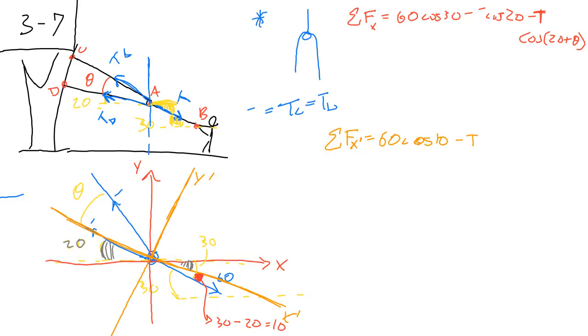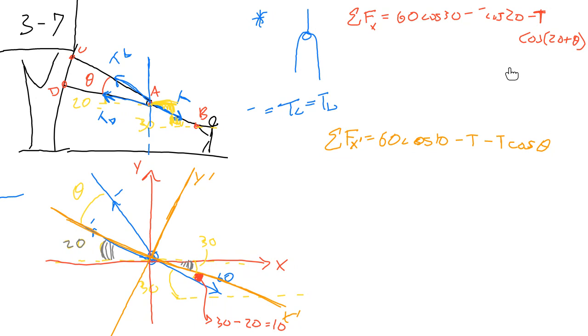Minus t cosine theta. Notice how that worked out. It's just this t by itself minus t cosine theta, because this t is along the x prime axis, so we don't have to break it into components, but we do have to break this other one into its x component. But it looks a lot cleaner than the first.